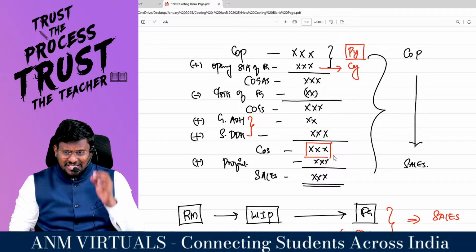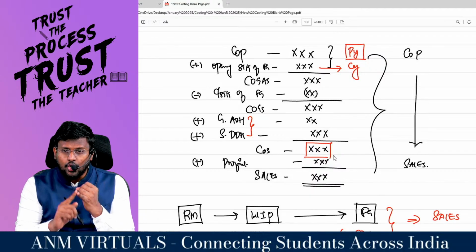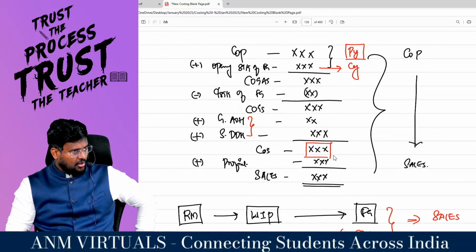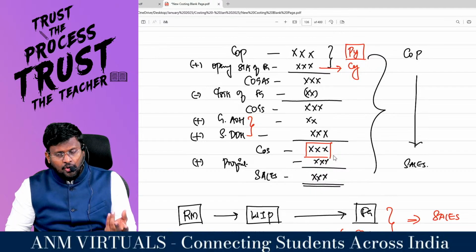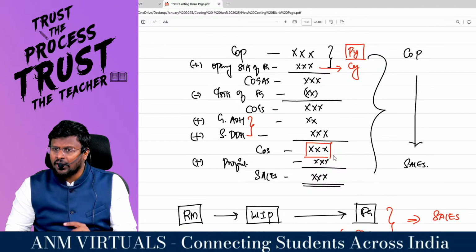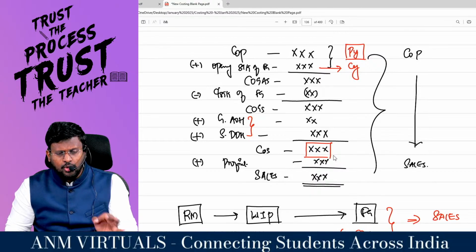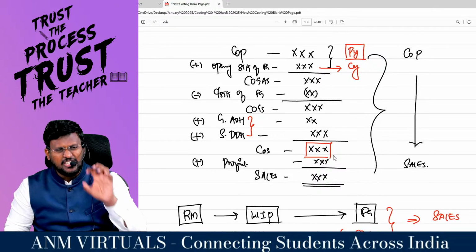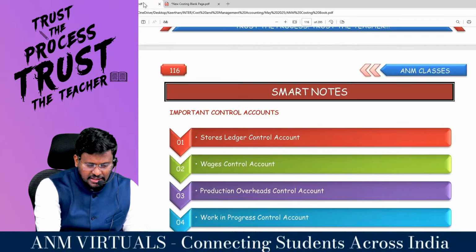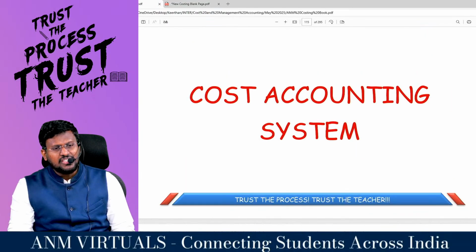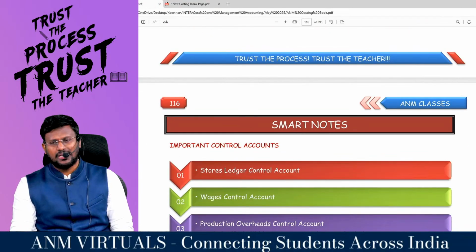So first, I should know what cost I have incurred, where I have incurred, for what purpose I have incurred. Then I have to accommodate those costs under the respective areas. That's what this chapter, the cost accounting system, is teaching us.